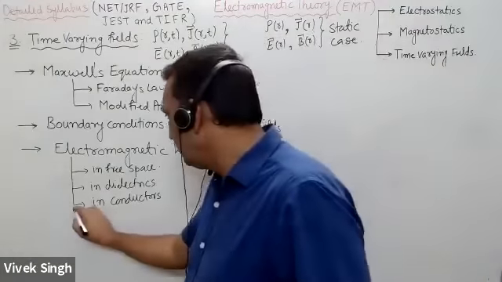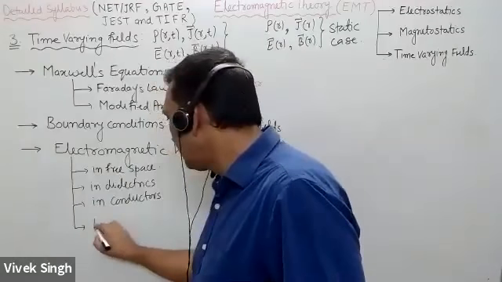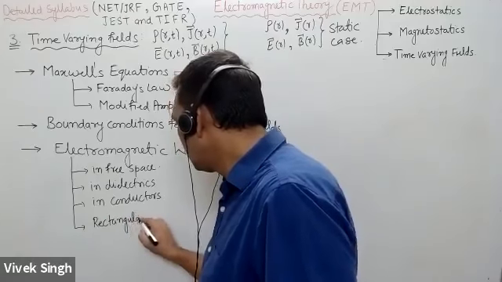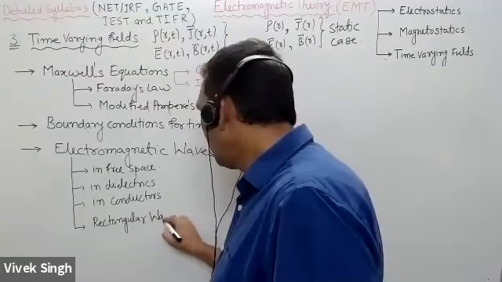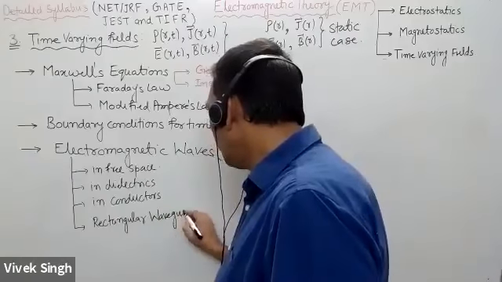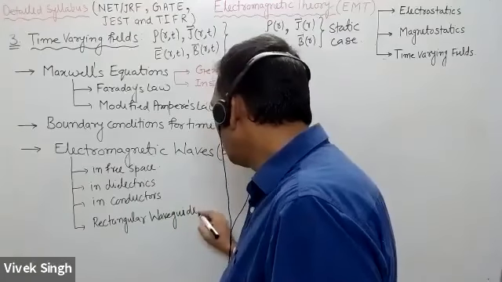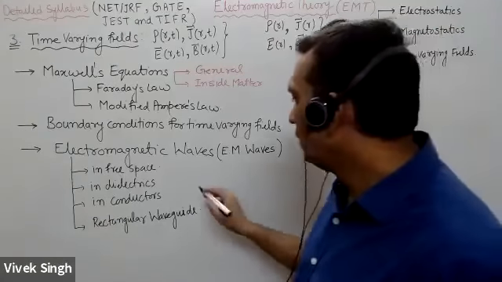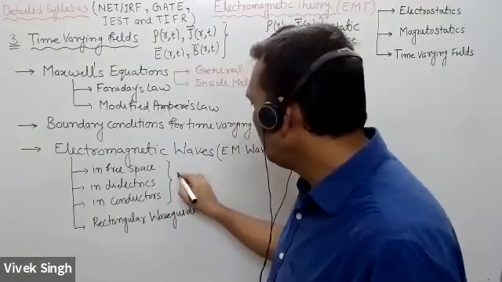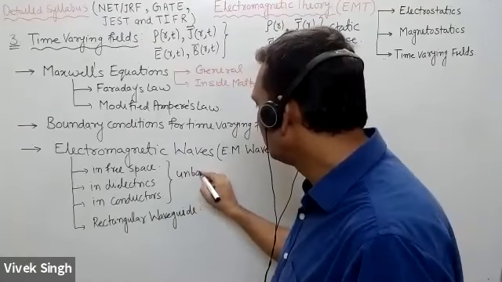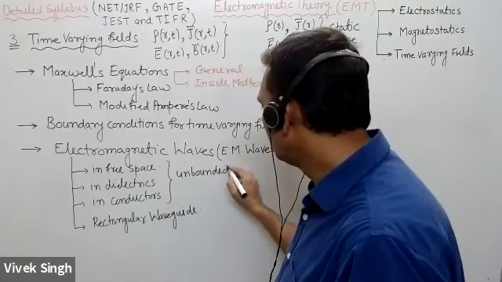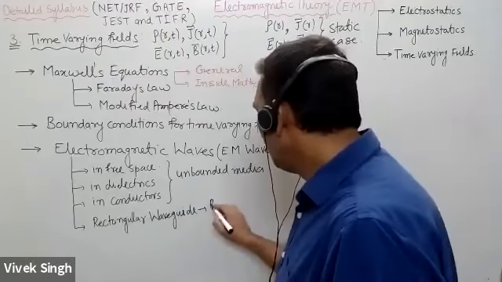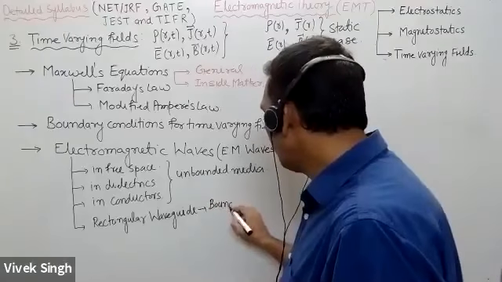And we will also see EM waves in a rectangular waveguide. So this will be unbounded media, and this will be the bounded media where boundary is fixed.